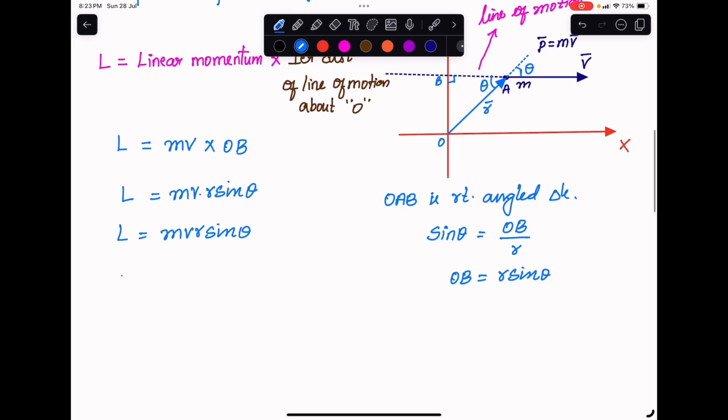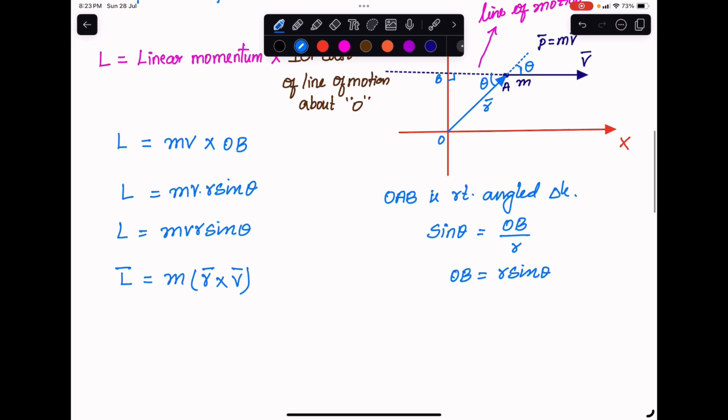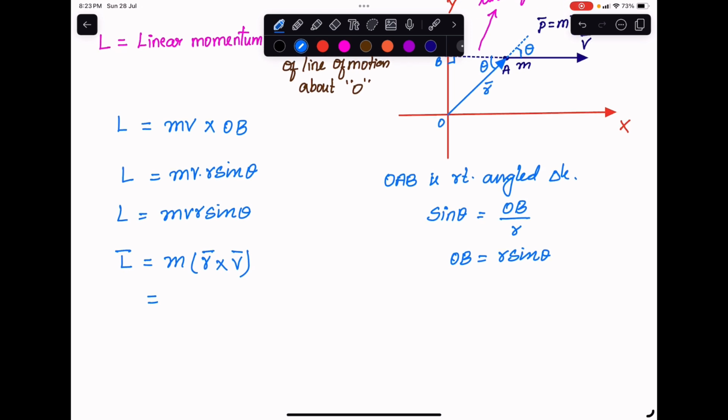So angular momentum is also a vector quantity, obtained by the cross product, m into r bar cross v bar. This can also be written in simple words as r bar cross the linear momentum p bar. So this is your angular momentum.